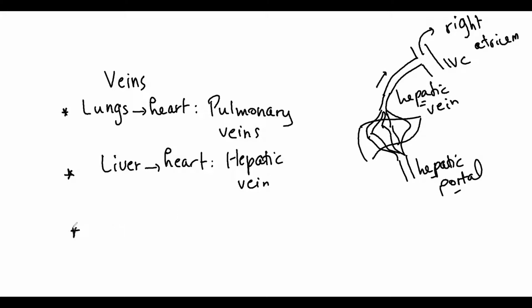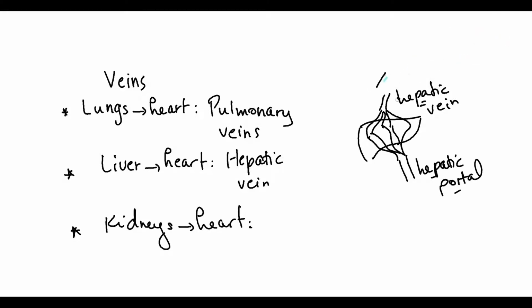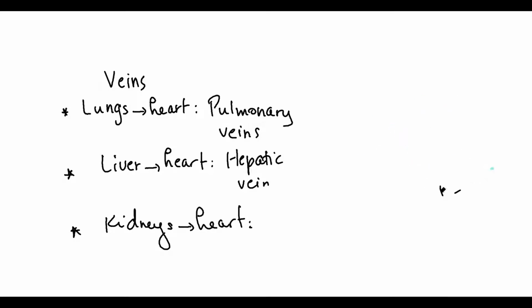The third vein that you have to know is getting blood from the kidneys to the heart. You remember this name, this vein that delivers blood from the kidneys to the heart? Inferior vena cava.